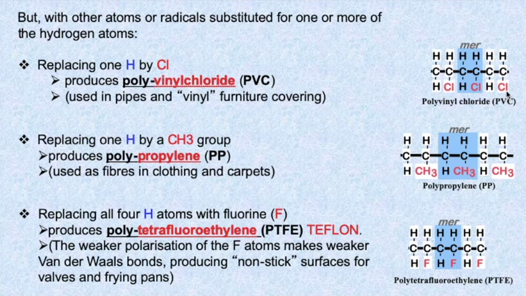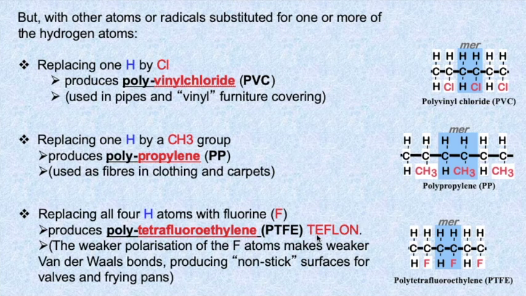The same thing happens if you replace one hydrogen with a CH3, which is 1 carbon and 3 hydrogens, written in short like that, CH3. Again, that gives a different polymer, which is polypropylene in this case.